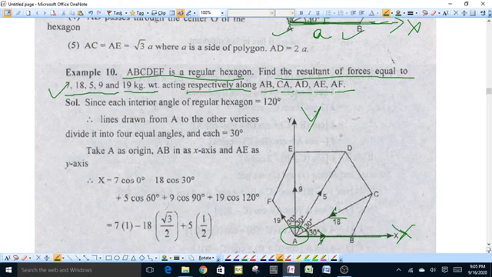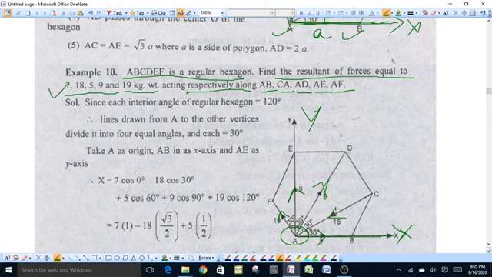Direction of this force is along CA, and then 5 kilogram weight along AD, 9 kilogram weight along AE and 19 kilogram along AF.